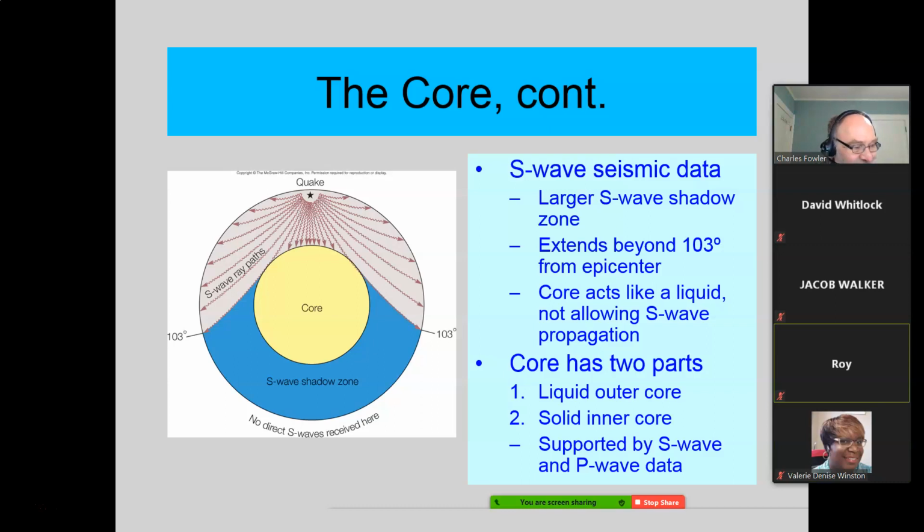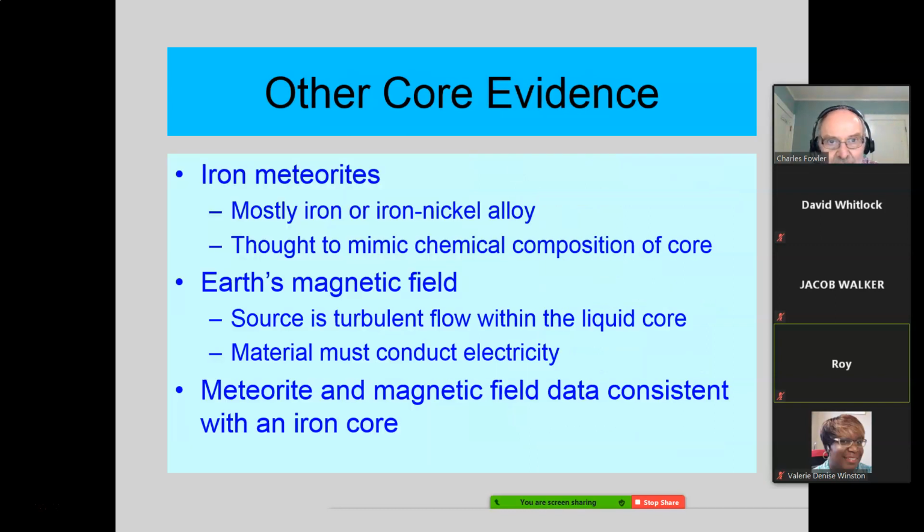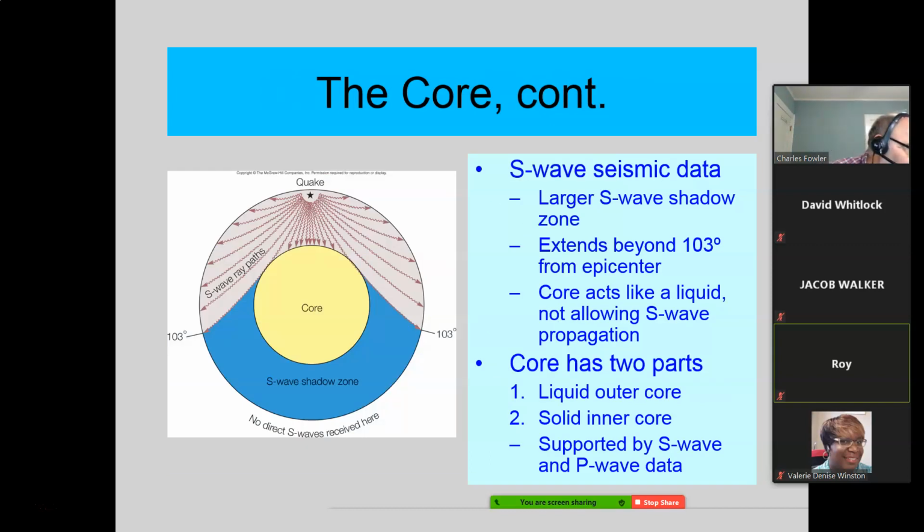All right. I think we are at the place where we have to stop today because we want to have a full 2 hours on the lab, because last time we did not. And let me get what the next slide is so I'll know where we begin. Other core evidence.